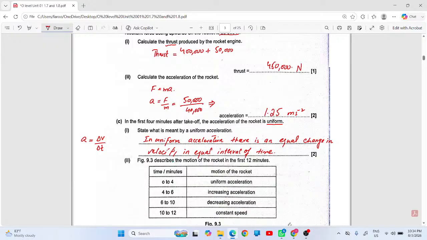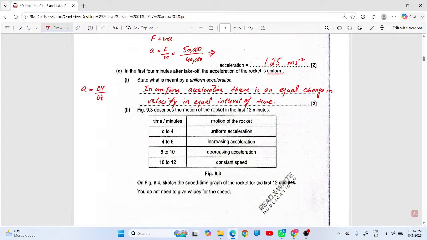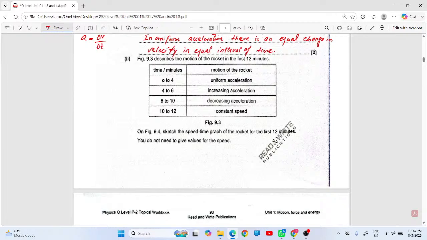There is an equal change in velocity in equal interval of time. Any confusion? Next आ जाता है.